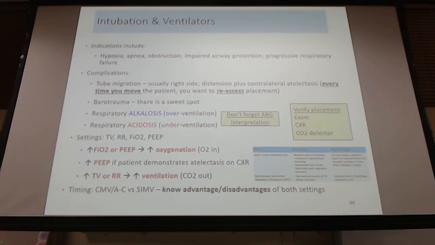Acidic CO2 is leaving your body and you become alkalotic. So if the respiratory rate's too high or the tidal volume's too high, get your ABGs, you will see a respiratory alkalosis. That means you have to turn down your respiratory rate, turn down your tidal volume, or both. And then you have to recheck your ABG.